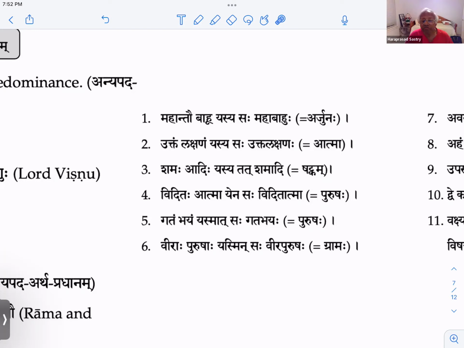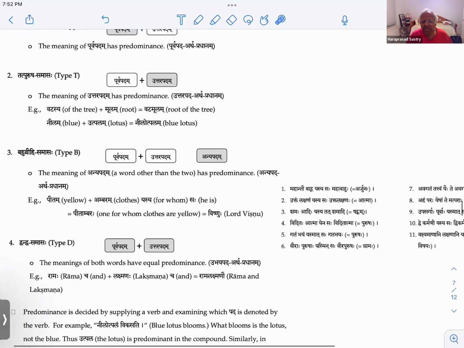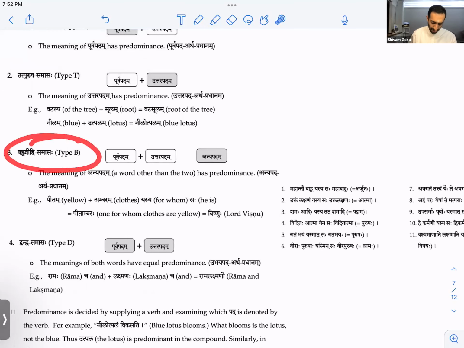Yes, Mahodaya. I'm completely confused here. Now you gave all these examples. Is this examples for what now? Bahuvrihi Samasa? Yes, this is for Bahuvrihi Samasa, where the meaning of the Anya Pada is Pradana.